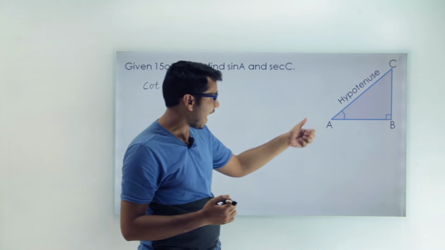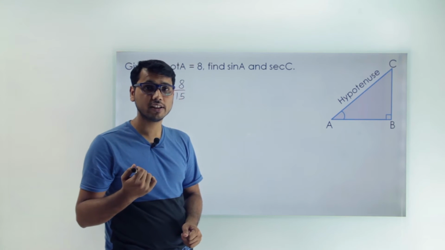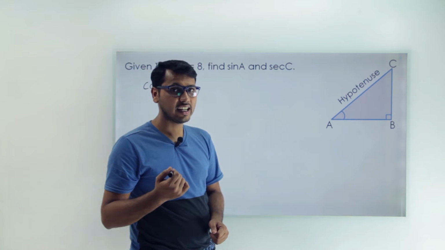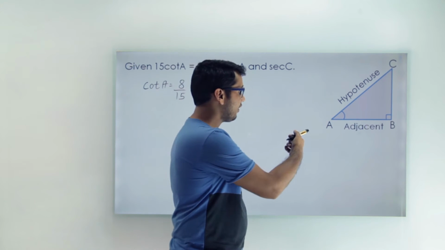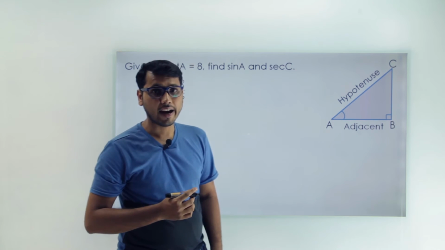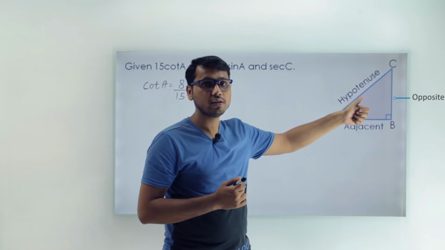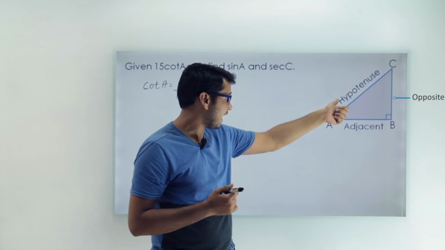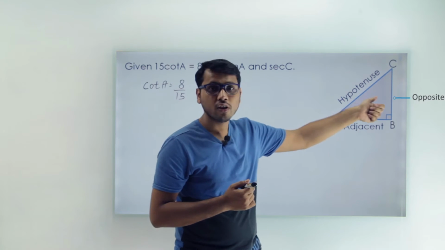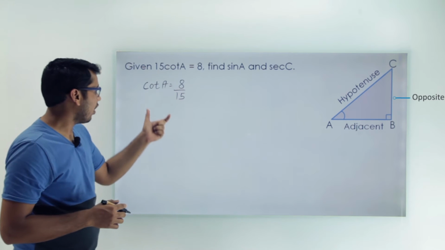If I take angle A, can you tell me which is adjacent and which is opposite? The adjacent side is the one near to the angle given. So AB will be our adjacent and opposite will be BC, because opposite is opposite to the angle given. Since angle A is given, opposite will be BC. Now put the value of cot A.